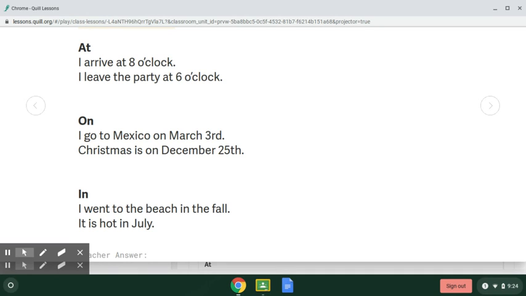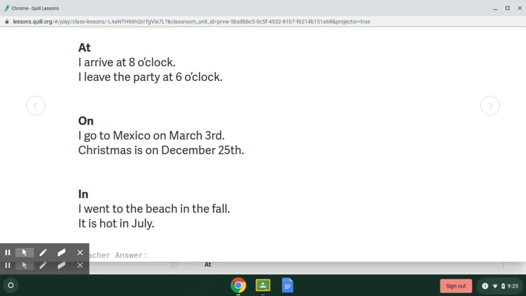Finally, we're going to look at the preposition in and when we use this one to talk about when something happens. So it says, I went to the beach in the fall. It is hot in July. So how are these two sentences referring to when something takes place?